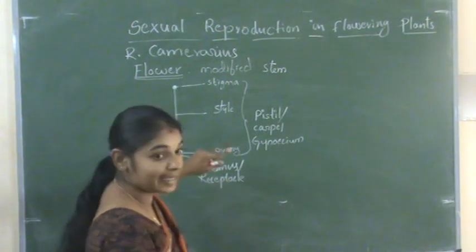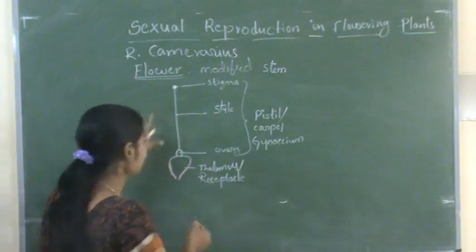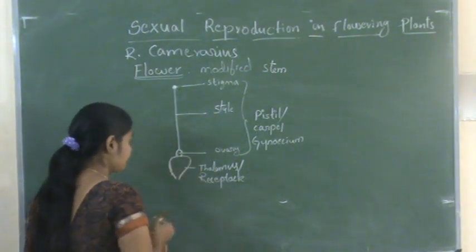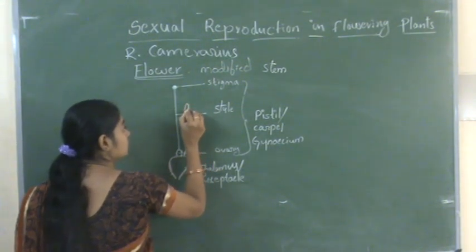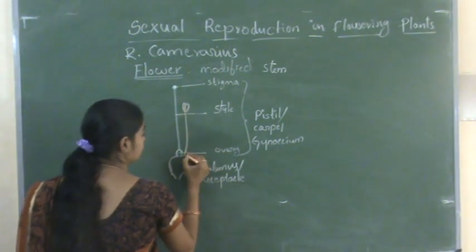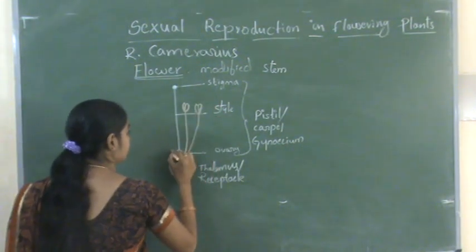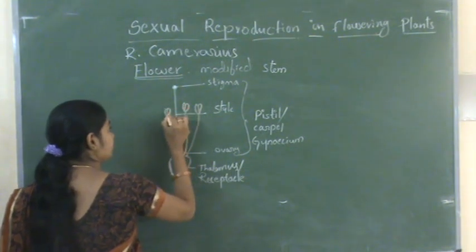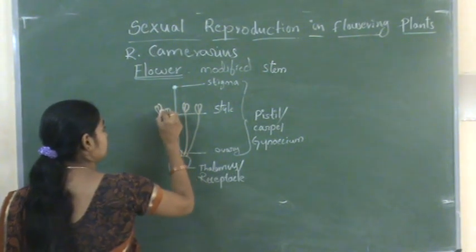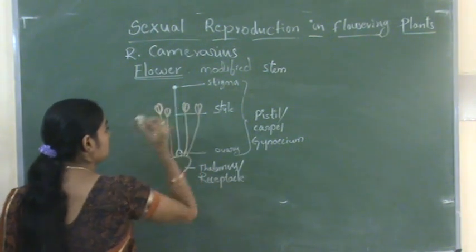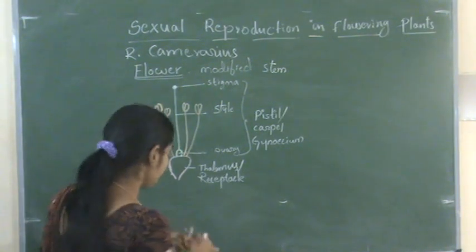The next part, outer to the pistil, is the stamen. The stamen again consists of two parts.